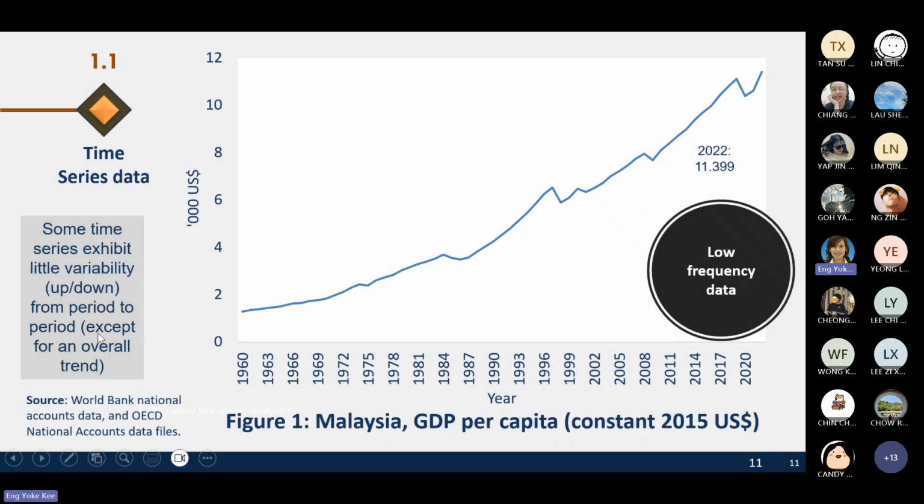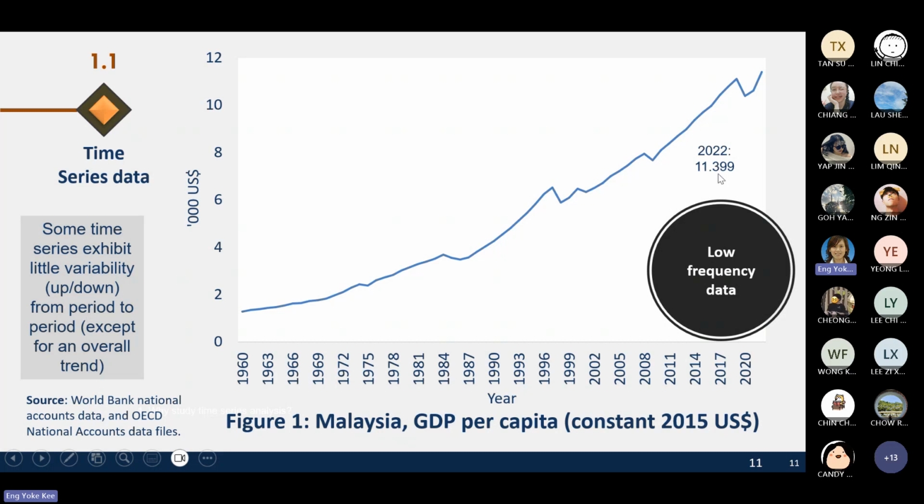Okay, so this is typically what you see for our GDP per capita, measured in USD. So when we look at GDP per capita, it means what? Income per person. So in terms of USD, you'll be surprised. This is in $1,000. So last year, on average, we earned about $11,000.